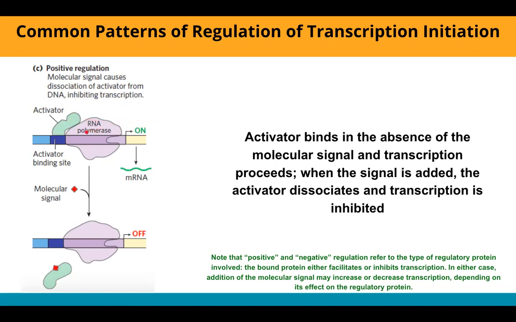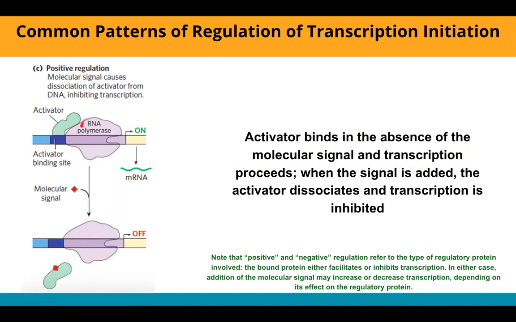For this one, an activator binds in the absence of the molecular signal and transcription proceeds. When a signal is added, it binds to the activator, it dissociates from the RNA polymerase, causing turning off of the RNA polymerase.